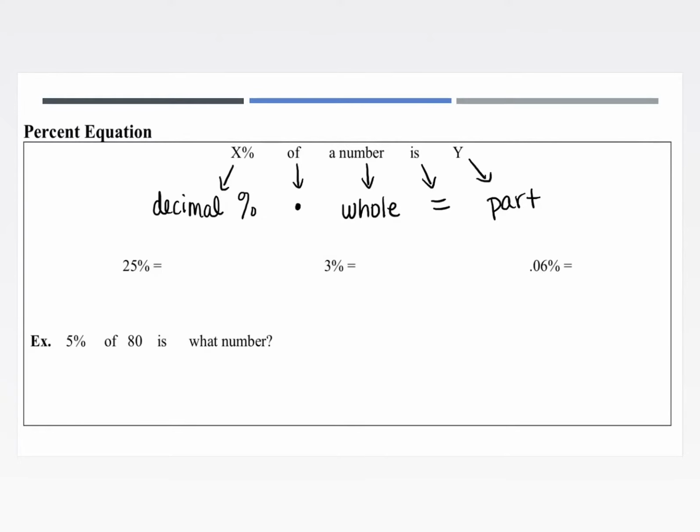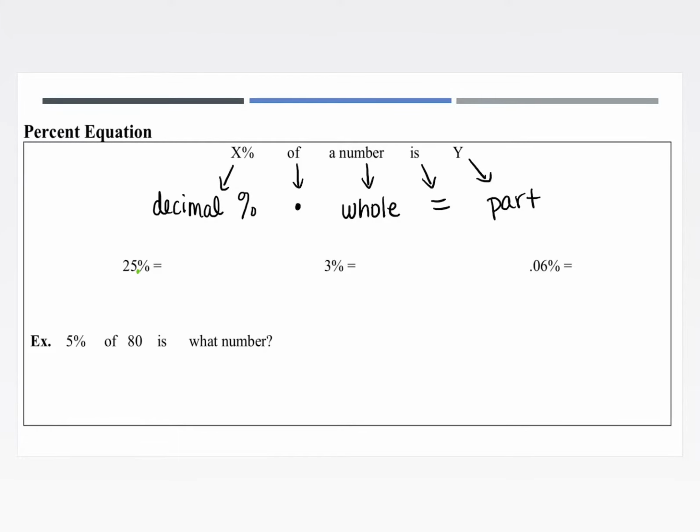So let's first practice converting some percentages to decimals. Here, this is where I really want you to channel your inner Beyonce. So we have 25%. Whenever you don't see a decimal in the problem, there automatically is a decimal at the end of the number. So this 25, for instance, has a decimal right at the end.